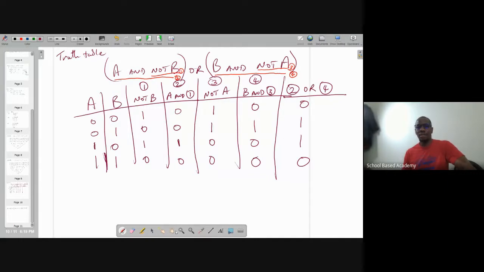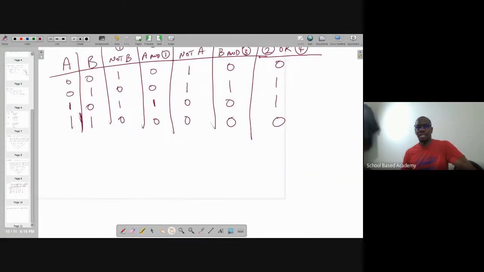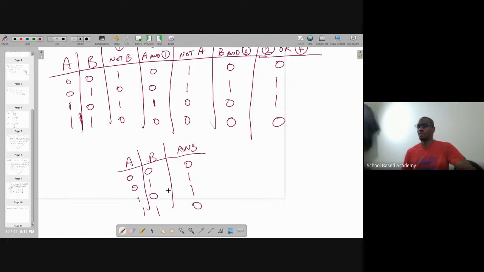So if we were to simplify this answer, we could get A and B as the result, for this expression being 0, 0, 0, 1, 1, 0, 1, 1. So the answer is 0, 1, 1, 0.